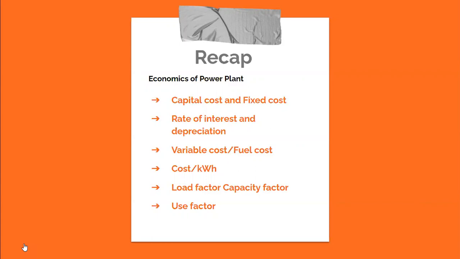But the major power plants, which unfortunately today are fossil fuel-based, have fuel cost as a major factor in the variable cost. Obviously, operation and maintenance would also influence the variable cost, and the variable cost and the fixed cost together would influence the cost per unit of electricity generated. So this was discussed in the earlier lecture series.